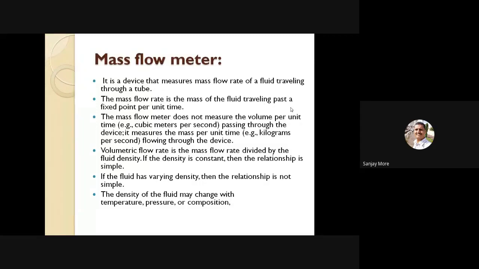Next line. The mass flow rate is the mass of liquid traveling past a fixed point per unit time.